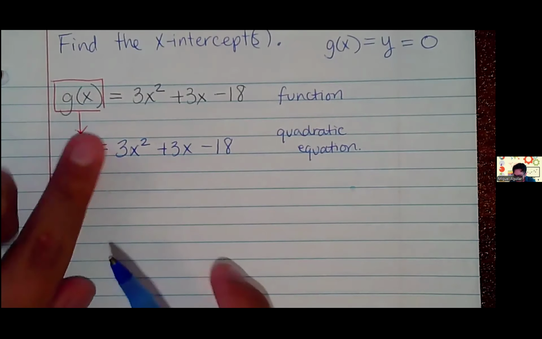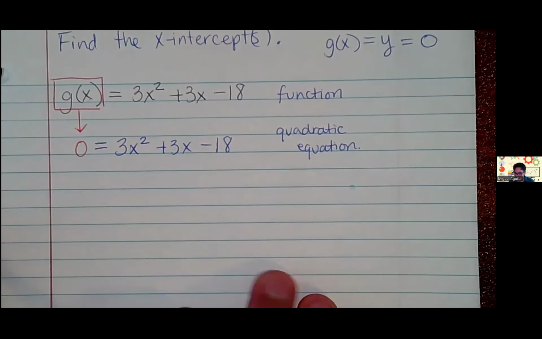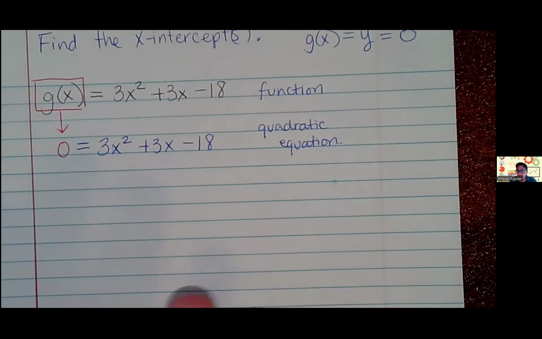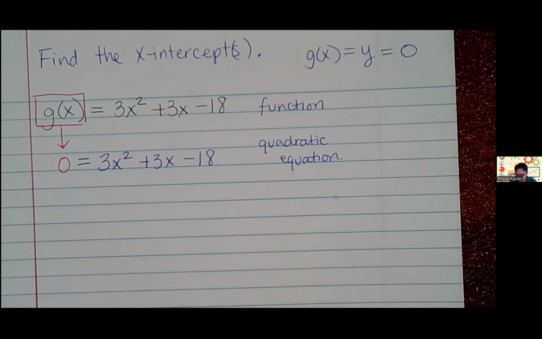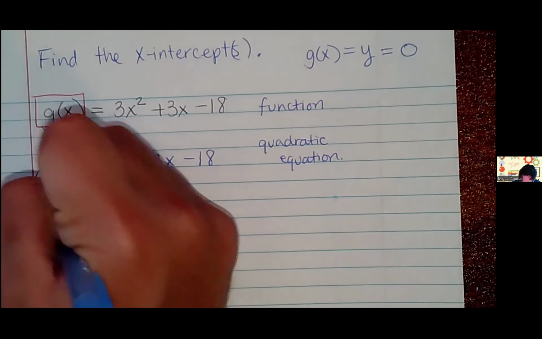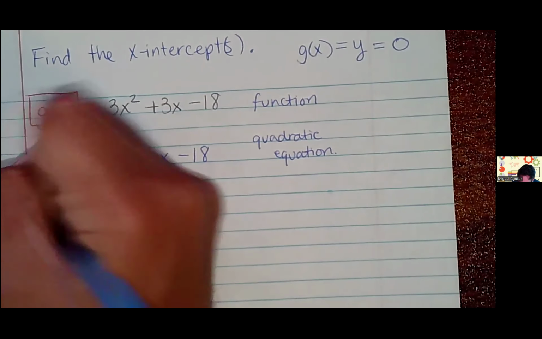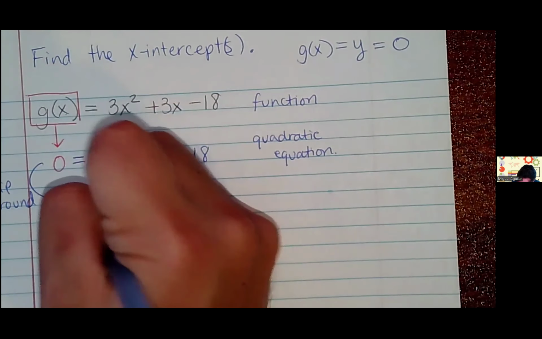We could put this whole thing on the left, equal to 0 on the right-hand side. Doesn't make a difference. Is it in standard form? Yeah, I mean, it is in standard form though, isn't it? It's just kind of flipped around. Okay, so if you don't like it flipped around, then you're perfectly fine to do this. It's kind of an extra step, but if you want to flip it around, that's perfectly fine.